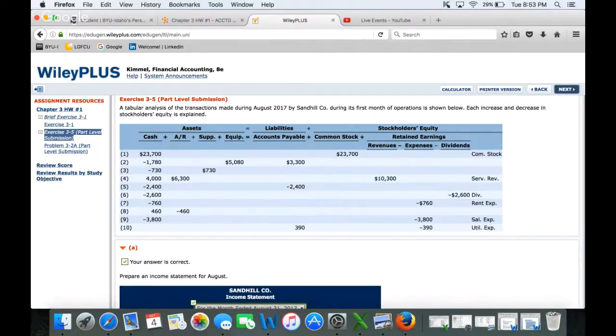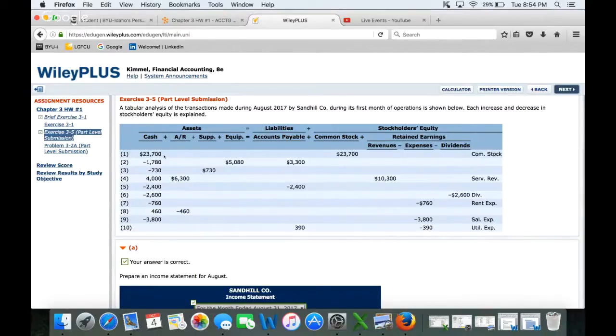And so first off, starting with the cash, this is for the period where it's ended, so August 31st. And so you'll start off with $23,700, and you'll want to go down the list and include all of these events to get what the cash balance would be for your current assets.